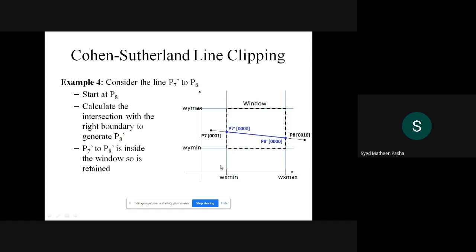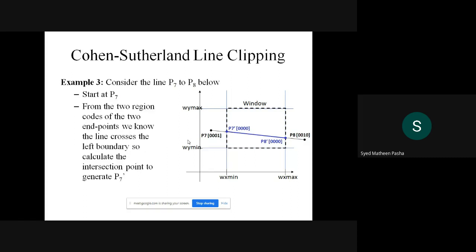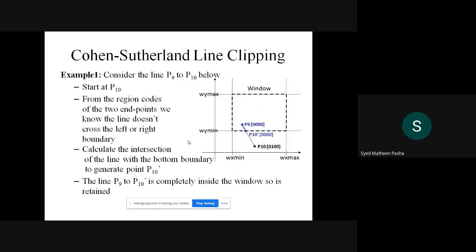I have illustrated 4 different examples of that algorithm. Do remember these examples, and you can give any one of these 4 examples which you find easy. Actually, all 4 examples are easy.